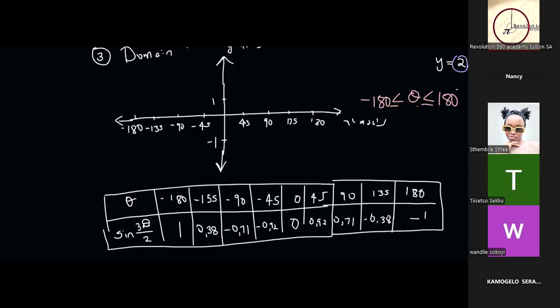Remember, -180 goes with 1. -135 goes with 0.38. -90 goes with minus 0.71. -45 is minus 0.92.